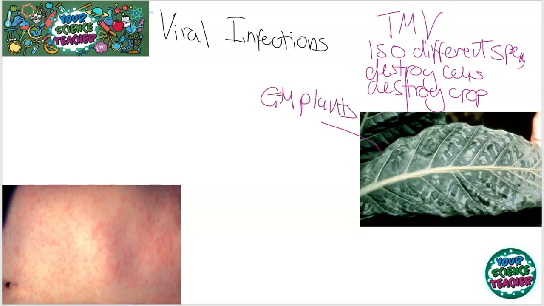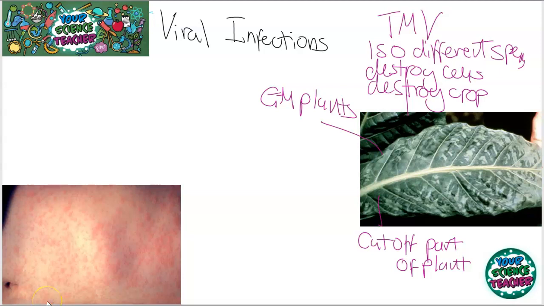Also, if a plant does become infected, they will try and cut off the part of the plant that's infected to reduce the spread of it. But another massive problem with this is, in fact, it can stay around for 50 years in the soil, the tobacco mosaic virus. It survives really well.